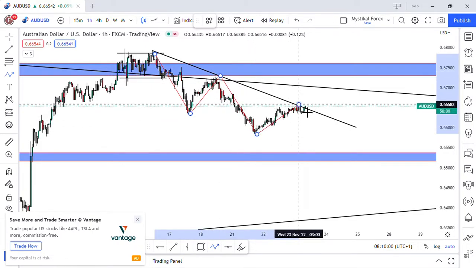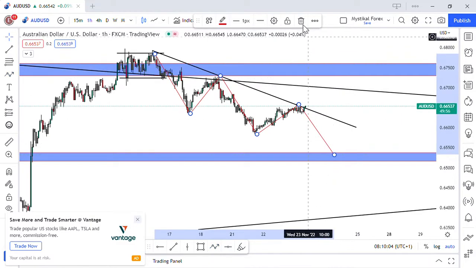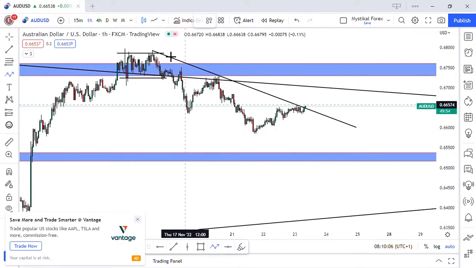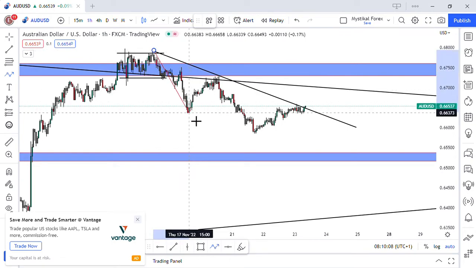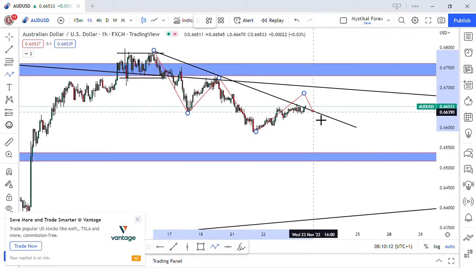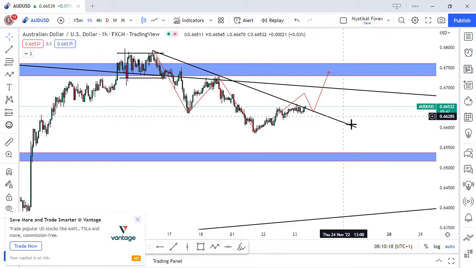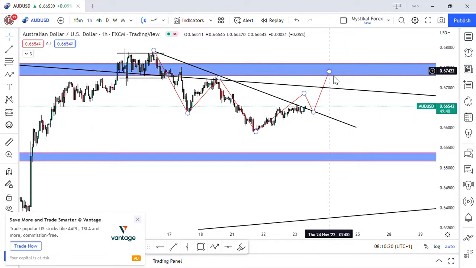Expect price to go there, or expect price to do this. We have take profit here and take profit here based on our setups in this zone.